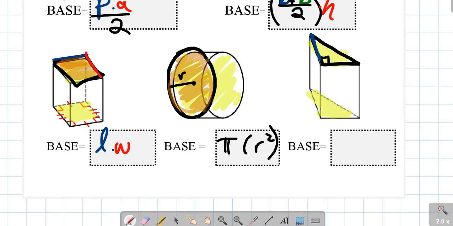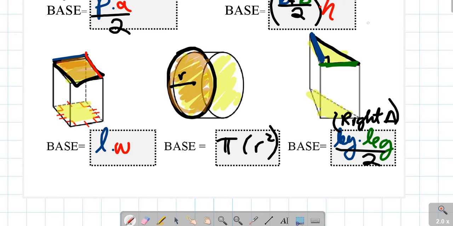If it's a right triangle, you simply take one leg and you times it by the other leg over 2. That is the area of a right triangle. Leg times leg over 2. And if it's an acute triangle, it would be base times the height of the triangle over 2. Base times height over 2.